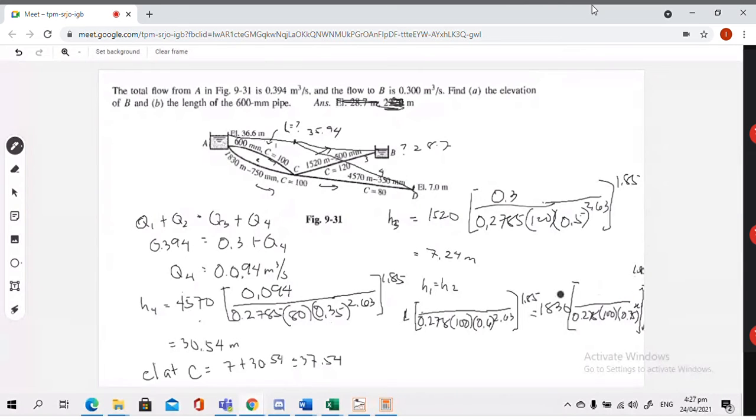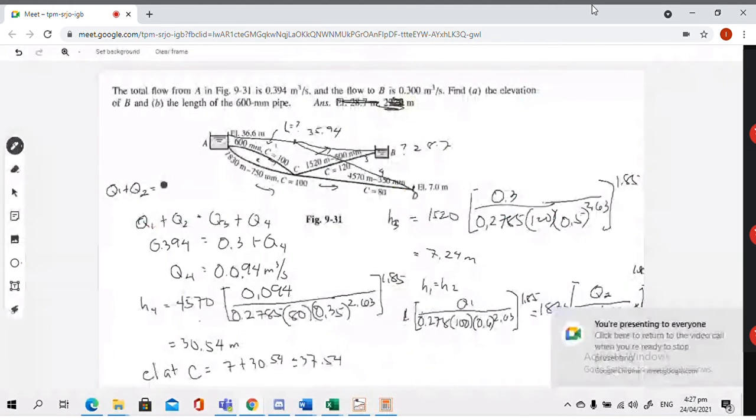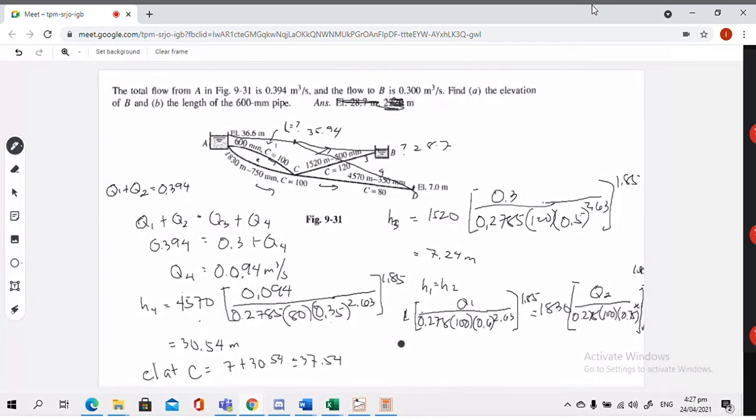Okay, so Q1 plus Q2 equals 0.394. For the head loss, 36.6 minus 35.94, so head loss 1 is equal to 0.66.